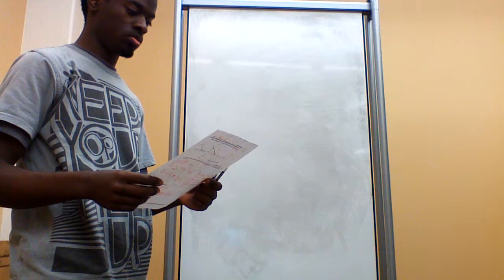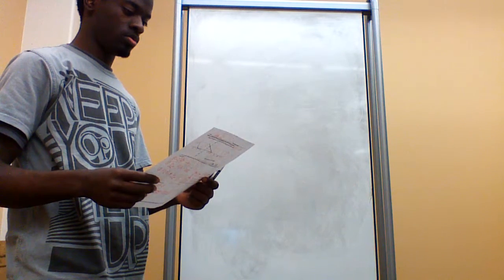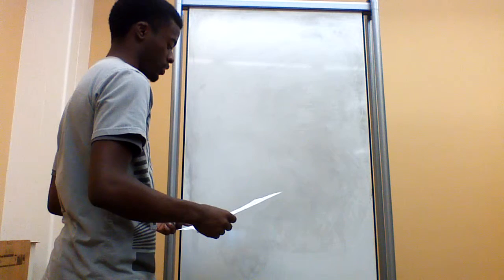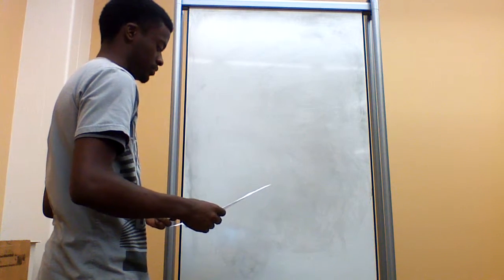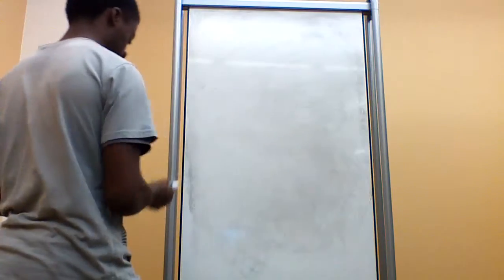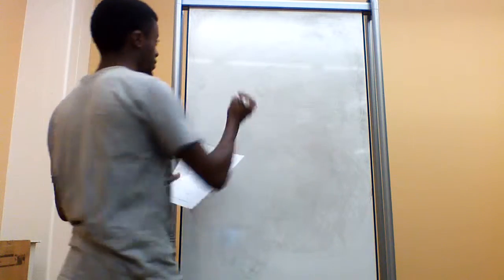Number 4. It wants us to write the equation for the horizontal asymptote of the function f.